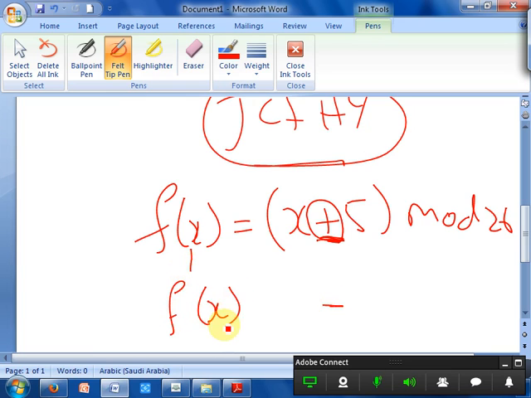F complement of x is equal to x minus 5 mod 26.